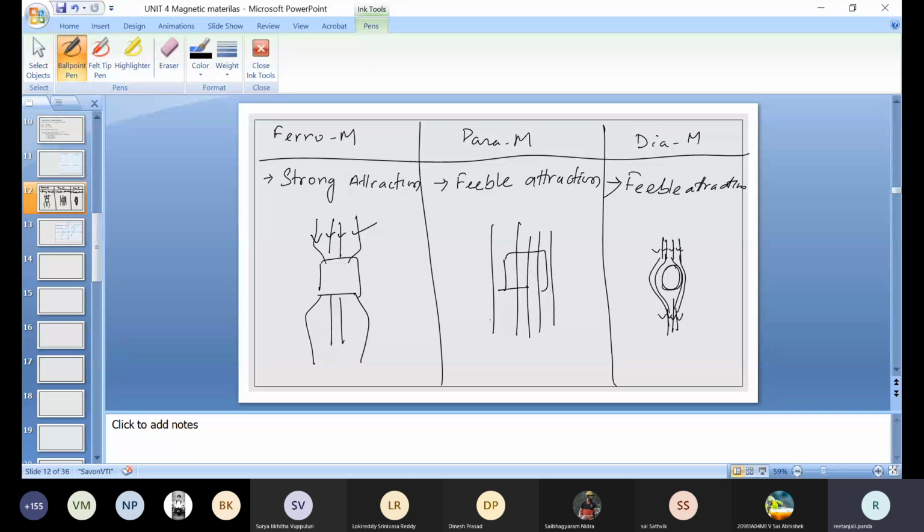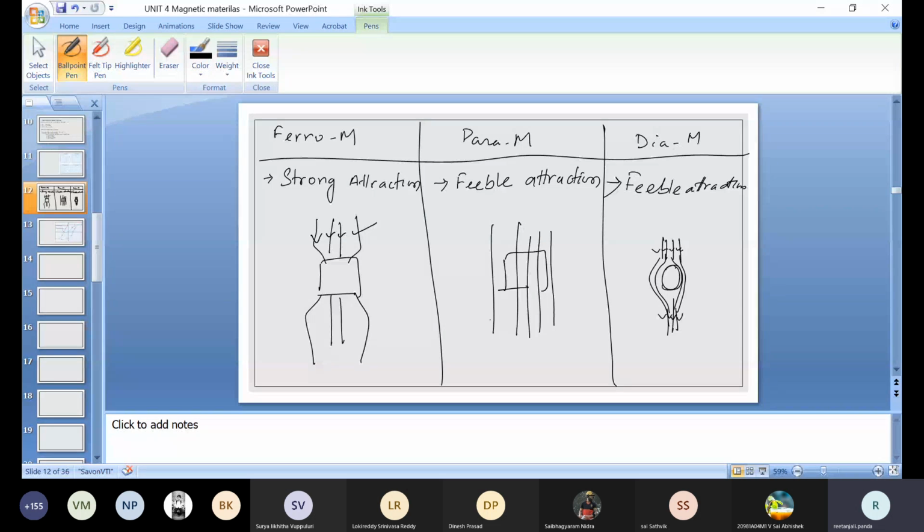We can say this is the concentration of the field lines. The field lines are attracted towards the material. Here these lines will pass through the material, but in this case it will not pass through the material; rather, it is repelled by the material to the outside.